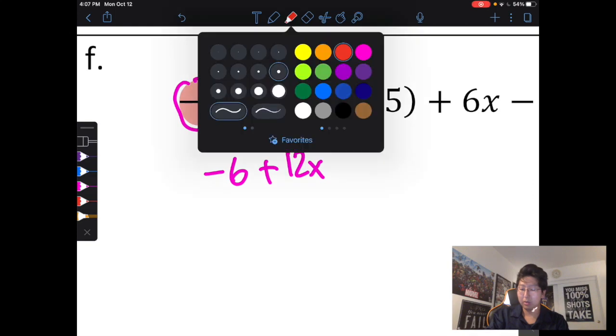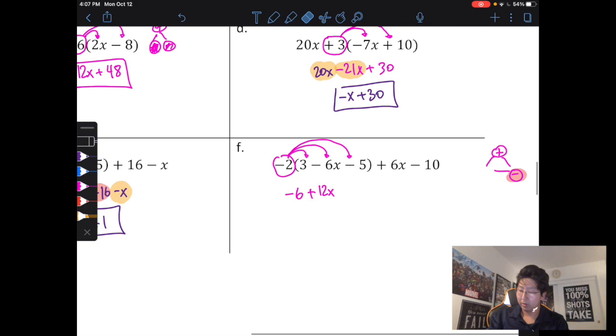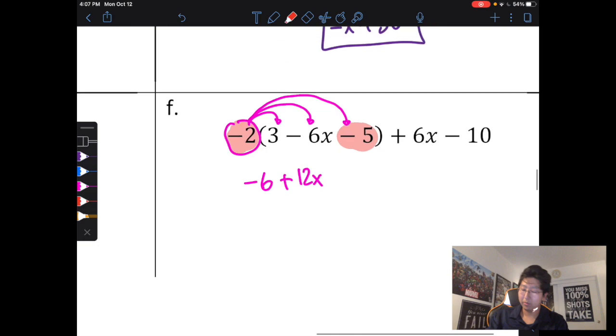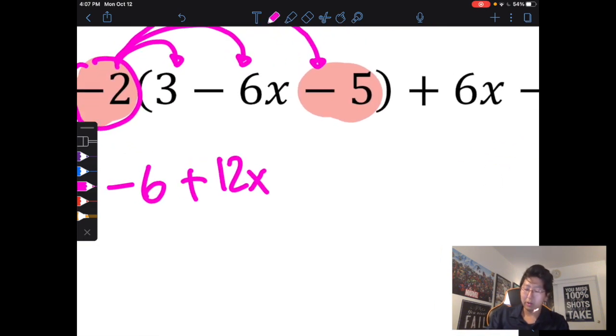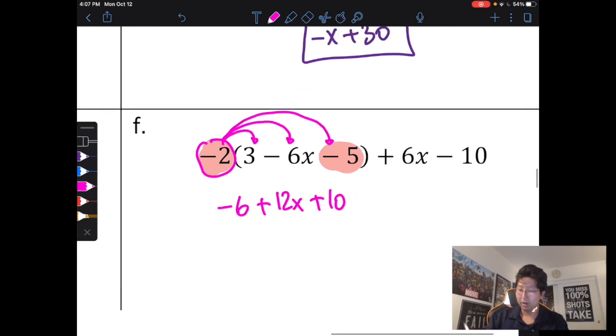And this last one, negative times a negative is a positive. 2 times 5 is 10, plus 10. And now I'm going to go ahead and copy the rest. Plus 6x minus 10. Let's go ahead and combine like terms.